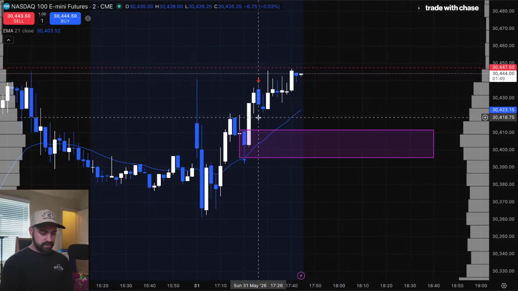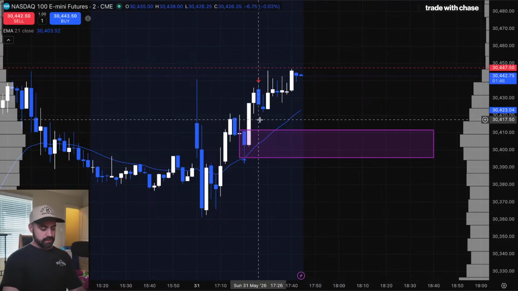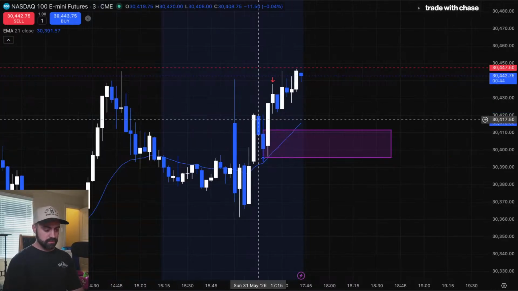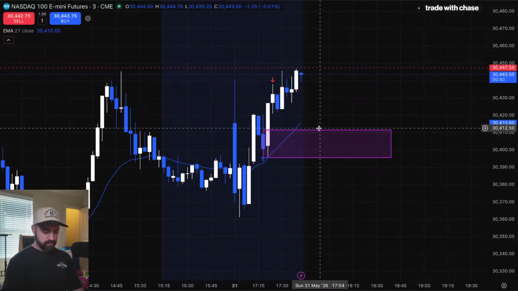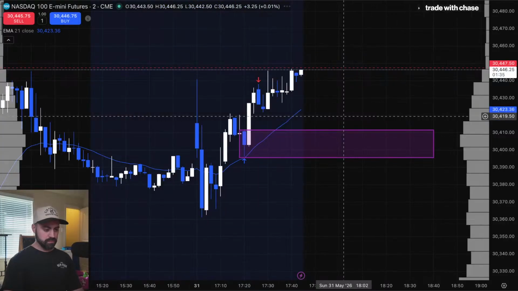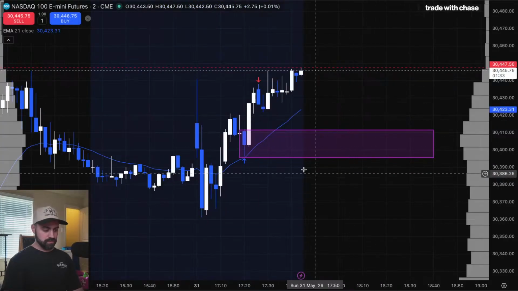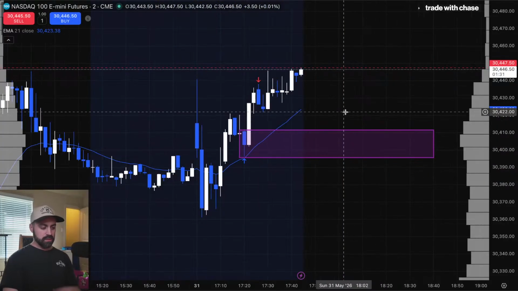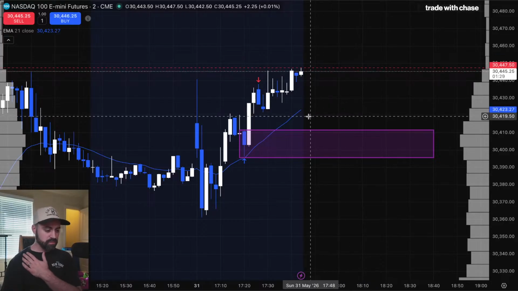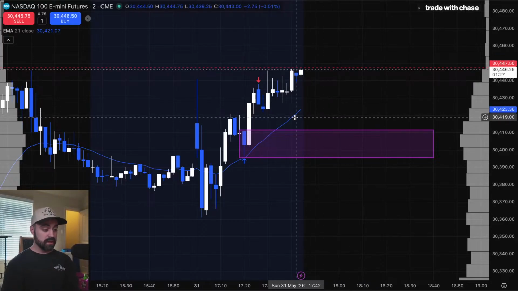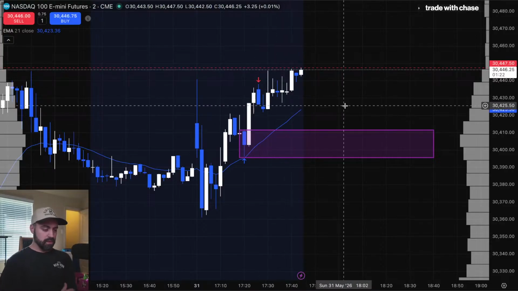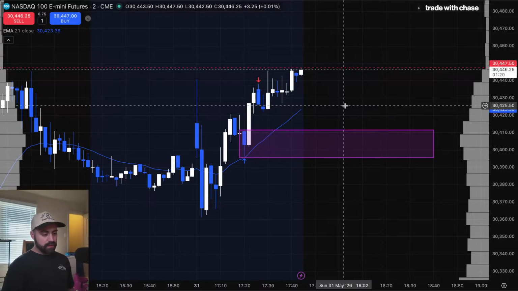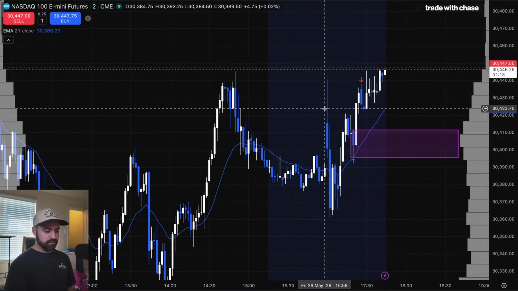We're kind of past the moment of this being a really good setup with that fair value gap. It looks like it's going to try and break through this.